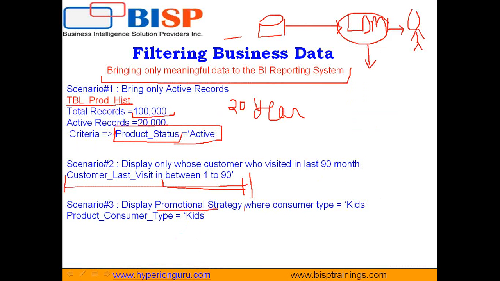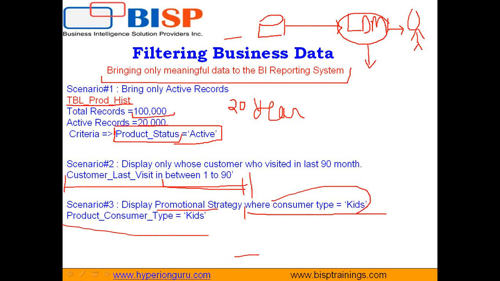A business says we would like to focus only on those products where consumer type is kids, right? The business says in this quarter we would like to leverage the sales for only those products where consumer type is kids. Therefore, they would like to know what my promotional strategies are where consumer type is kids. Maybe I type a filter over here, a where clause with consumer type is kids.